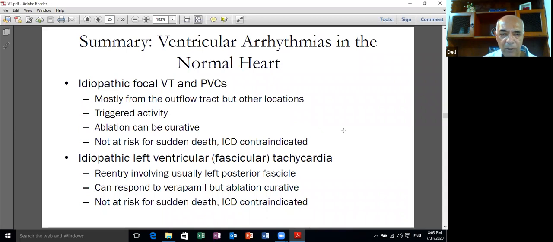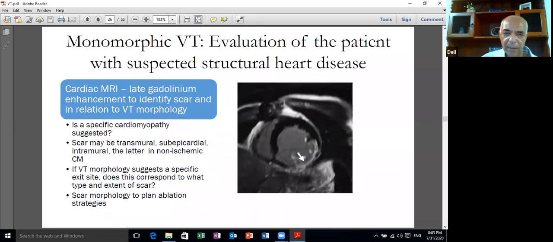Ablation is curative, it's responsive to most antiarrhythmic drugs, not associated with sudden death, and ICD is contraindicated. The other type of benign ventricular tachycardia is Belhassen tachycardia, or idiopathic left ventricular fascicular tachycardia. It's a re-entry involving the left posterior fascicle, responds to verapamil, but ablation is curative, and again, ICD is contraindicated.